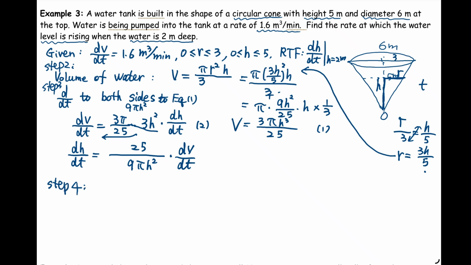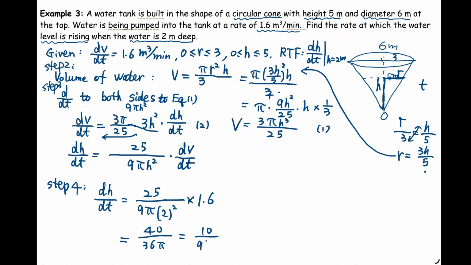We are going to sub in given information. So dh dt equals 25 over 9 pi h squared. So h is 2, so we sub in the 2 to h. Then dV dt is 1.6. So you do the calculation, you will have 40 over 36 pi, simplify 10 over 9 pi.